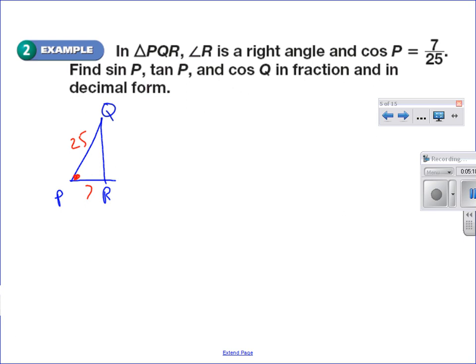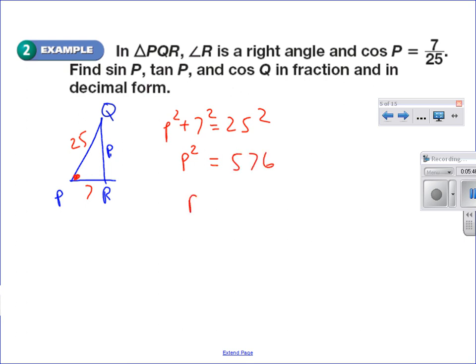So I do the Pythagorean theorem. I want to find little p right here. In other words, across from the angle is always the side label. So p squared plus 7 squared equals 25 squared. p squared equals 25 squared minus 7 squared, and that's 576.